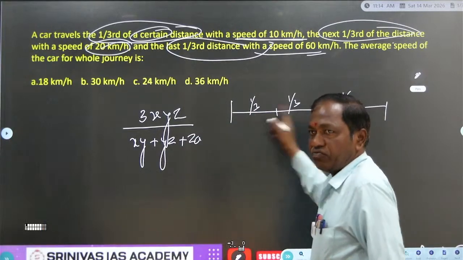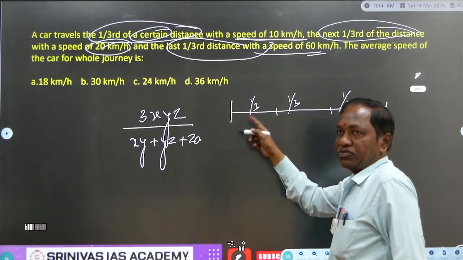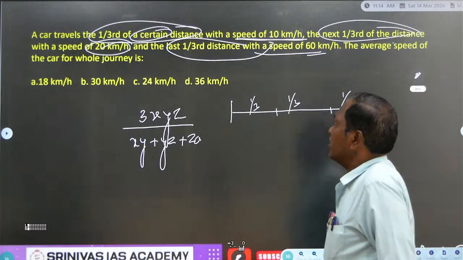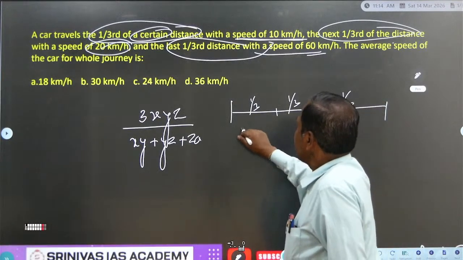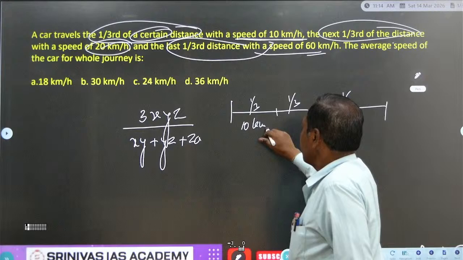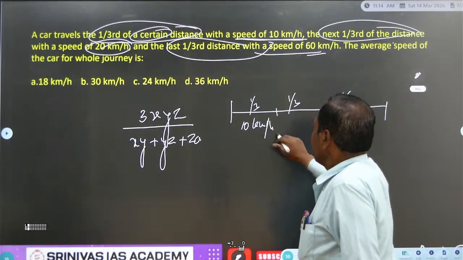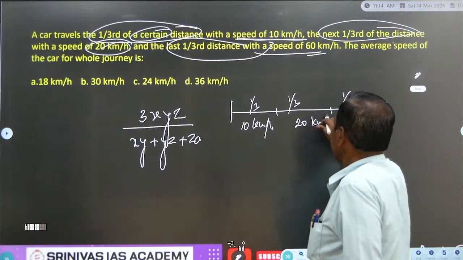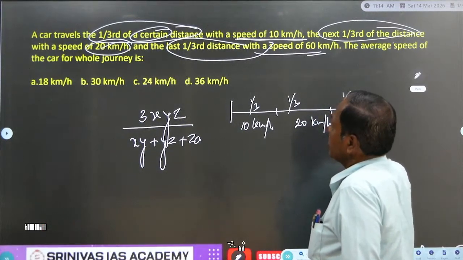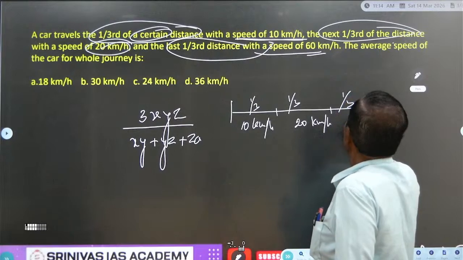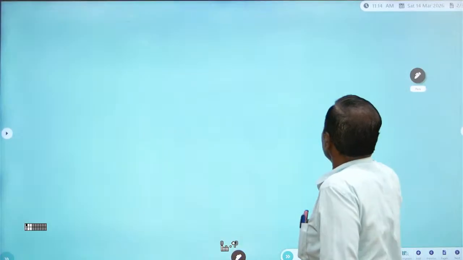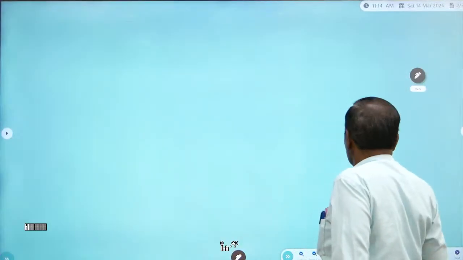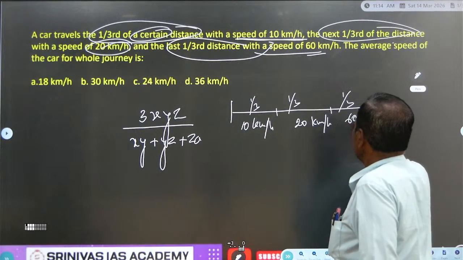Distance is known as 1. 3 parts are done. So 1/3, 1/3, 1/3. Different speeds are there. 10 kilometers per hour, and this is 20 kilometers per hour, and 60 kilometers per hour, like that.